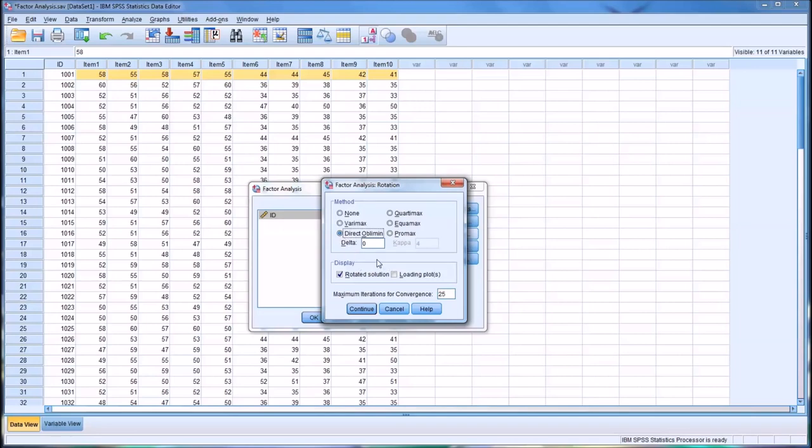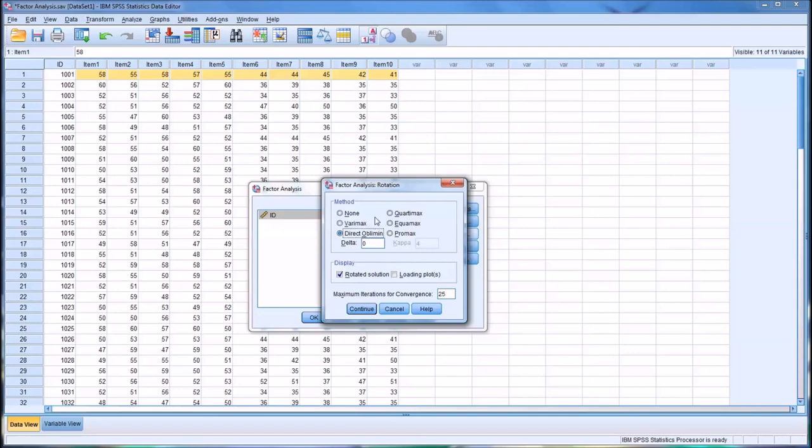If you believe they're uncorrelated, there's a different set of options, which we refer to as orthogonal. So that would be varimax, quartimax, equamax. And orthogonal means unrelated, so it's easy to remember in that way.